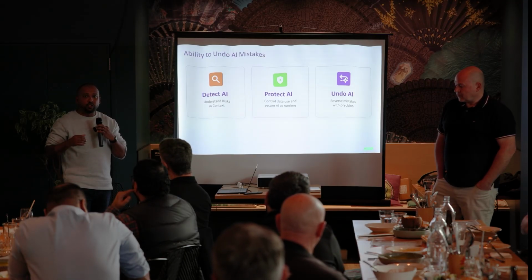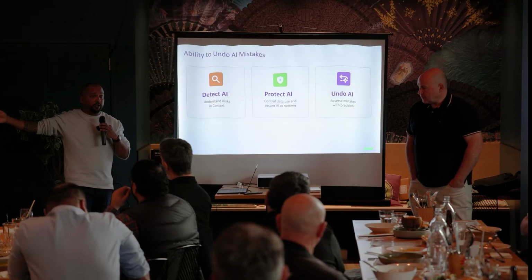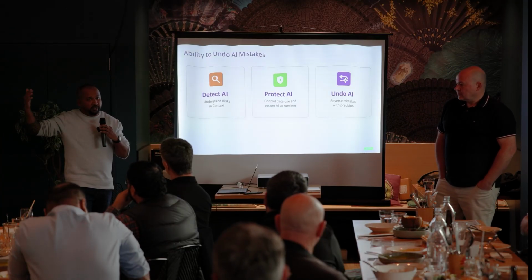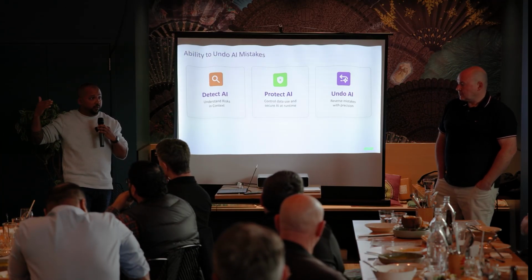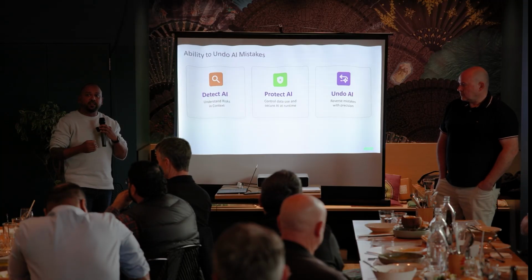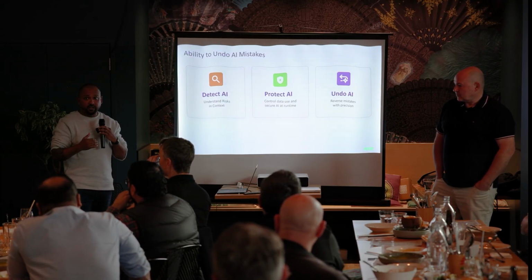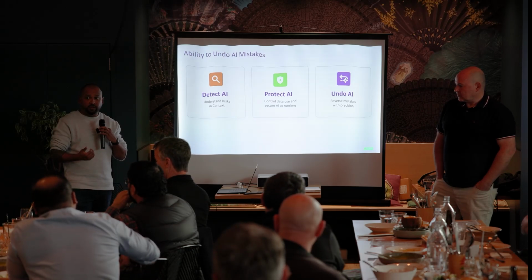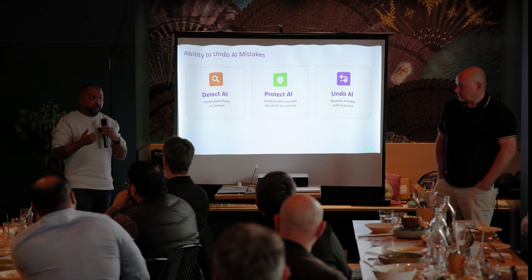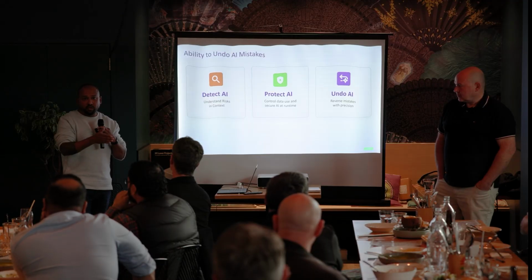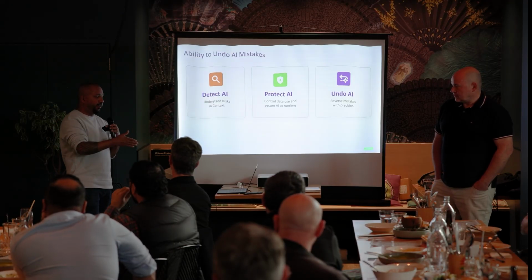It doesn't stop you from being productive, reiterating, and working with AI and making huge gains, but it gives you that safety net. If something goes wrong, you can see it in a very visual way, get notified, see the risk, and be able to undo. We're calling it Undo AI.